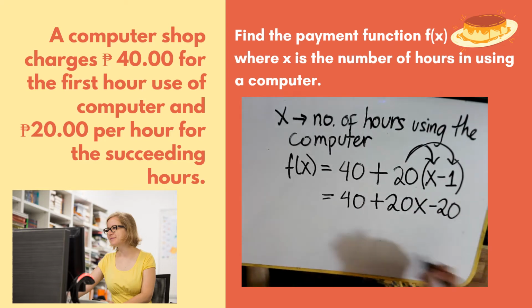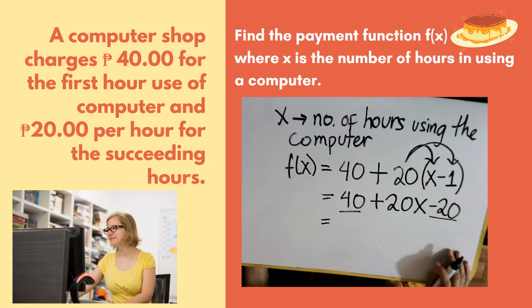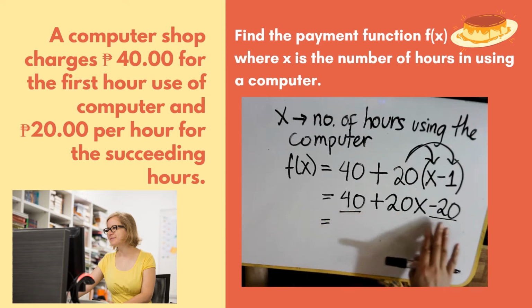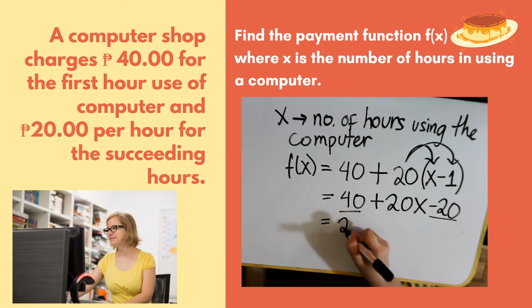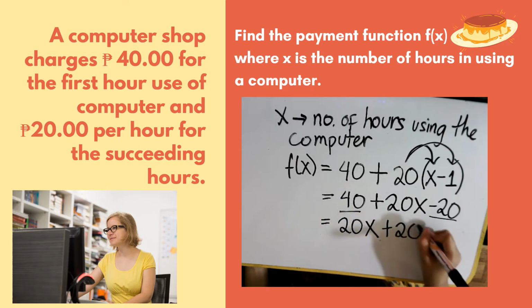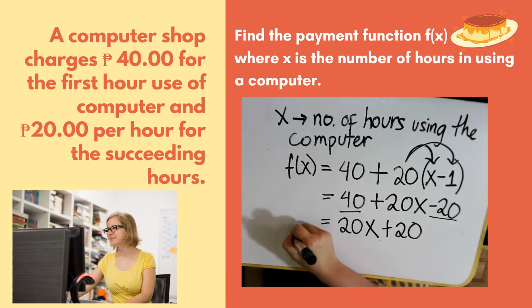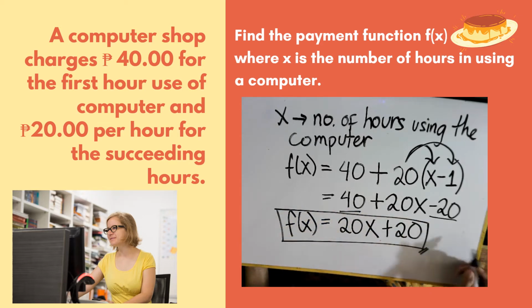And from here, we can combine positive 40 and negative 20. Combining 40 and negative 20 will give us a positive 20. So we will copy 20x, and then 40 plus negative 20 is positive 20. So ito ngayon ang magiging function, payment function sa computer shop na yon.